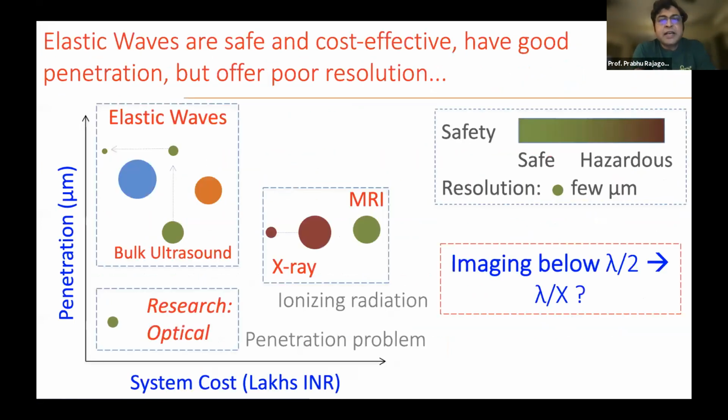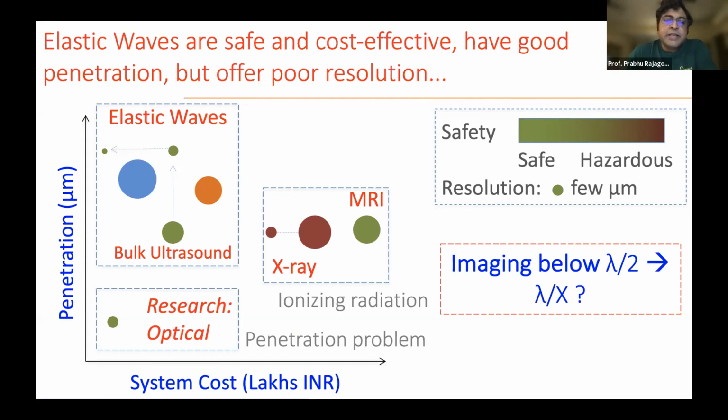So elastic waves are generally very attractive for diagnostic applications, whether in engineering or in biomedicine, because they offer very good penetration into materials. Examples of elastic waves include sound and ultrasound. The other attraction is they can be very cost effective, and they are also non-ionizing compared to electromagnetic techniques.